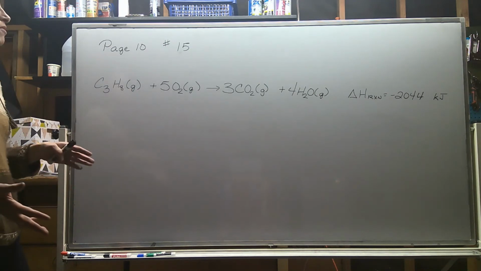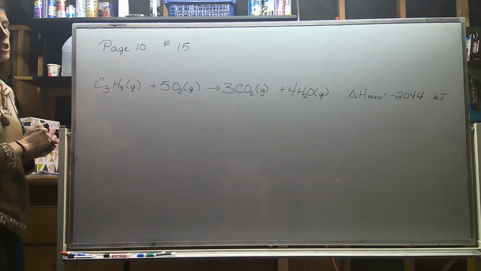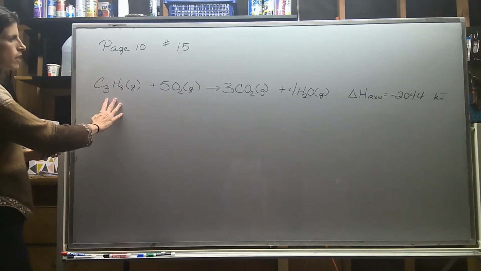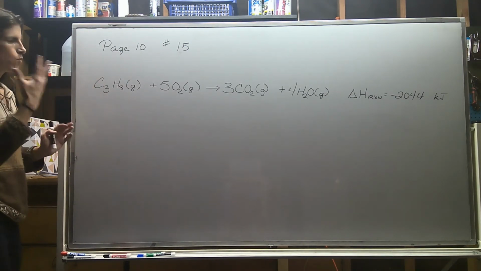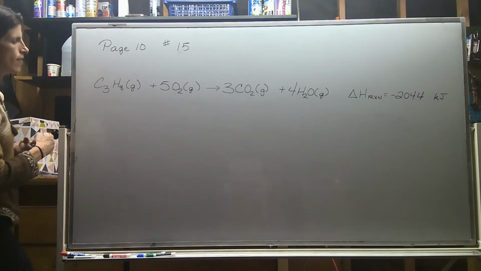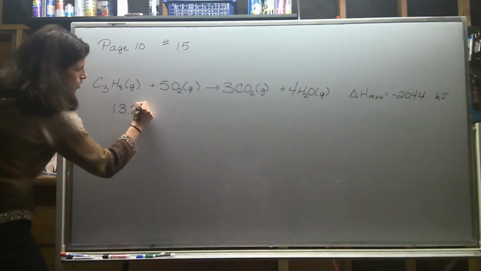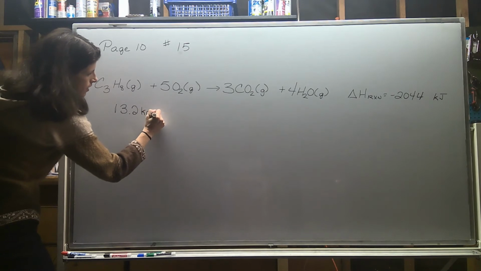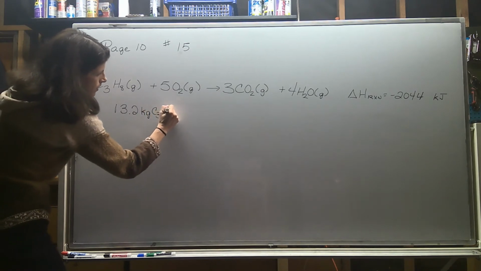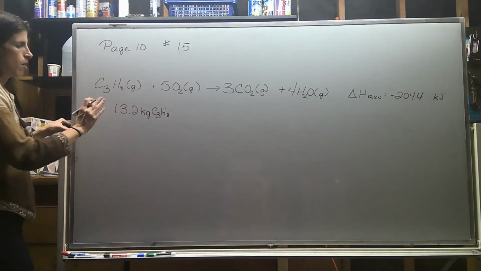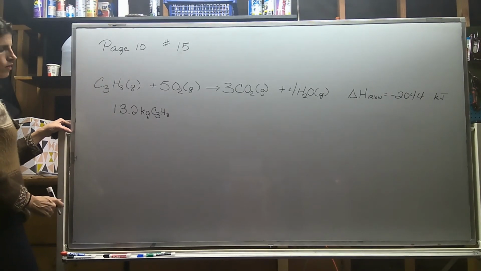Alrighty, so in problem number 15, we see the classic combustion reaction. The fuel here is propane. And we're told that someone's having a barbecue and they burnt 13.2 kilograms of propane. We're asked to calculate the amount of heat energy produced by burning this 13.2 kilograms.